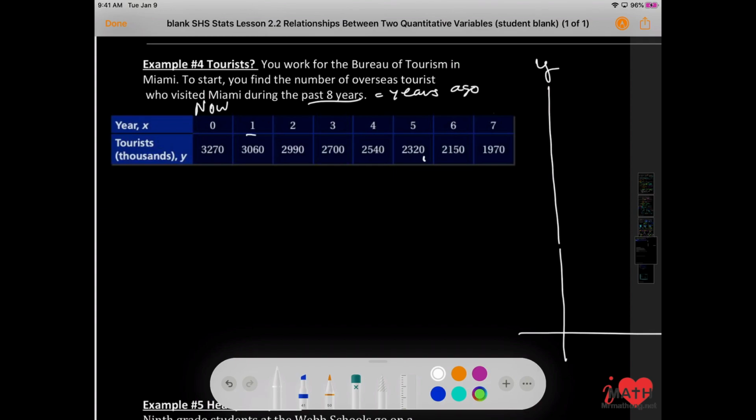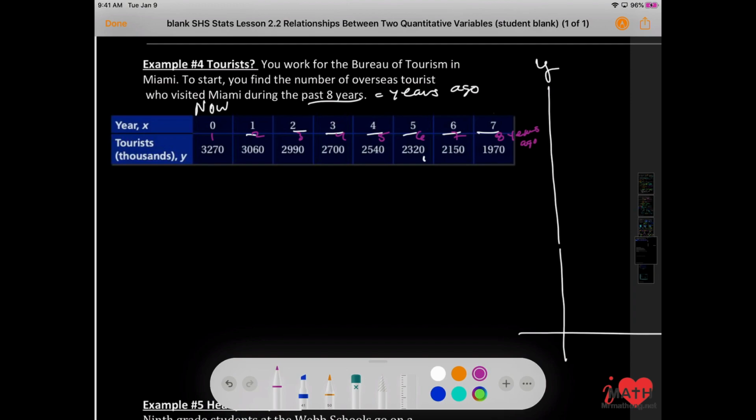So that was 1 year ago, 2 years ago, 3 years ago, 4, 5, 6, 7 years ago. Or if you think about it, past 8 years is 1, 2, 3, 4, 5, 6, 7, 8. Just trying to help you explain the context a little bit, okay?